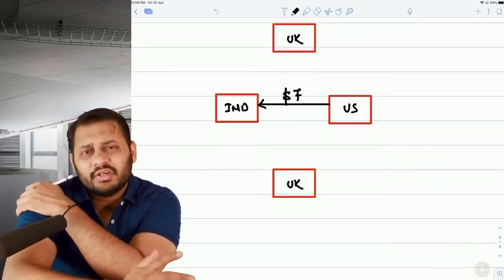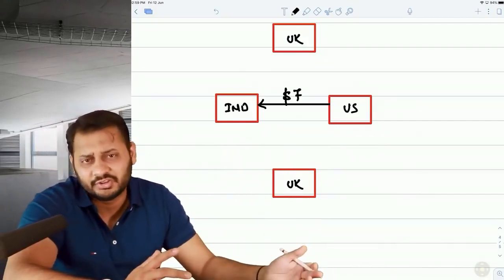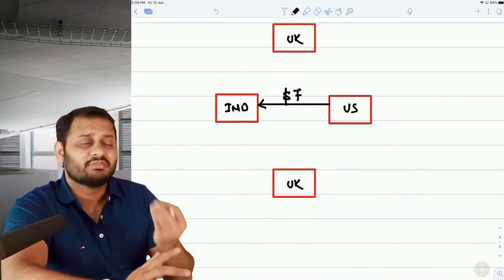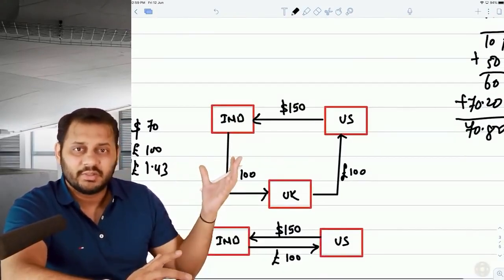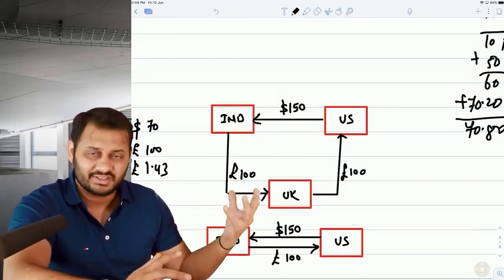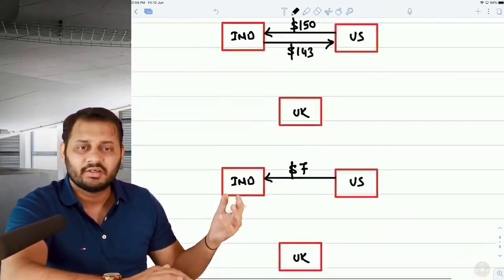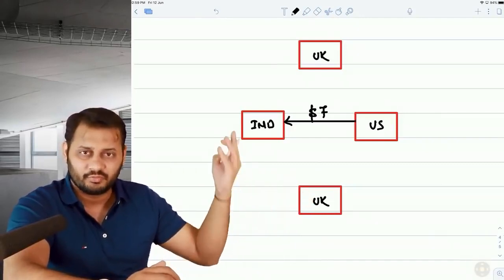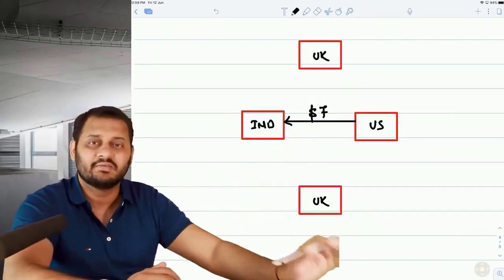How much will you pay in transaction charges on $7? How much will be the exchange margin payable to the bank on $7? Very little. So instead of doing all these transactions and paying a hefty amount in transaction cost and exchange margin to the banks, why not convert the entire thing to just one, from 3 to 2, 2 to 1, and then the amount is only $7.